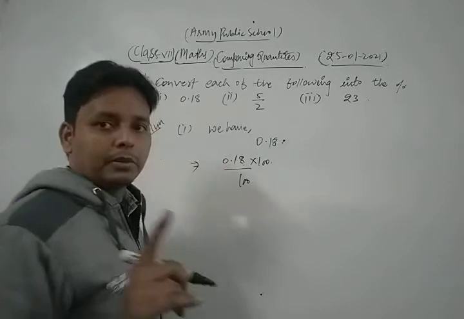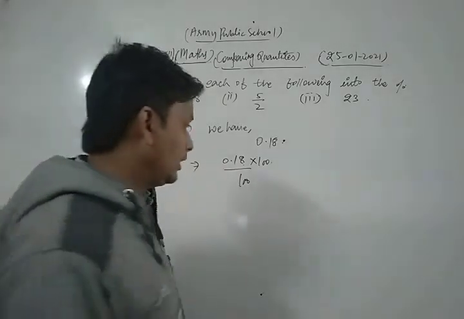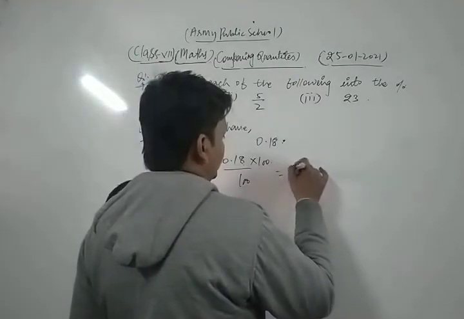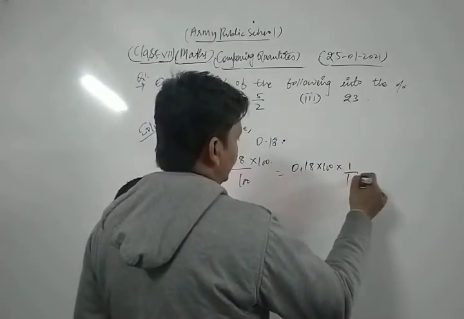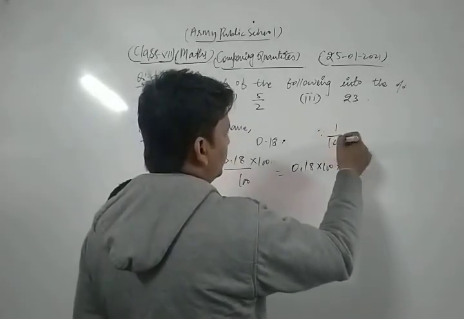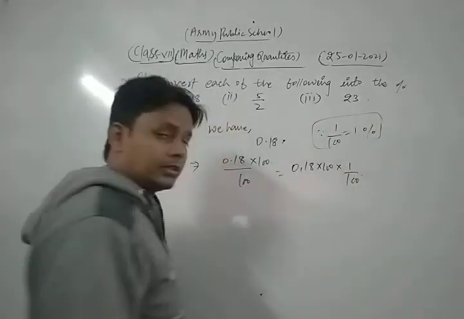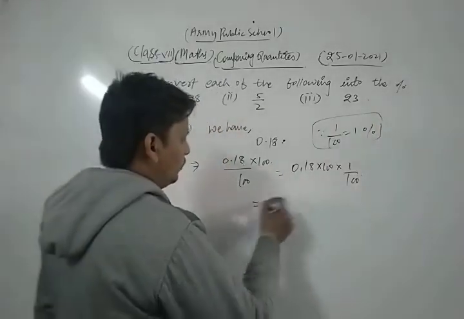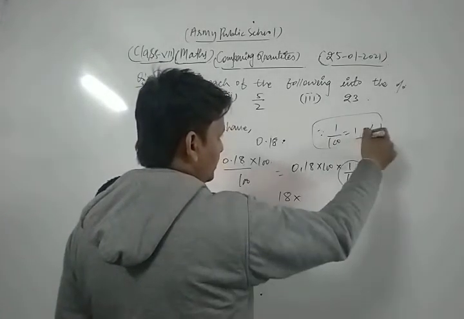We must multiply by 100 in both the numerator and denominator. Now we write 0.18 into 100 and 1 by 100 separately. And since we know that 1 upon 100 means 1%, as I just discussed.